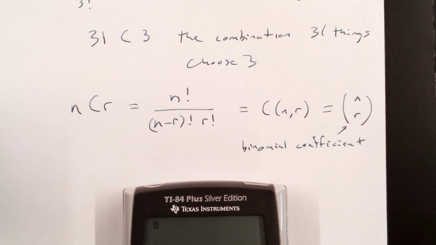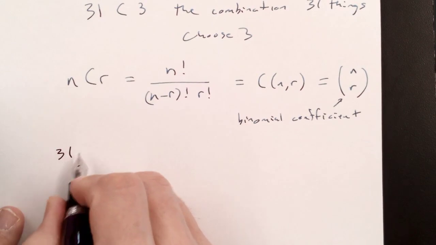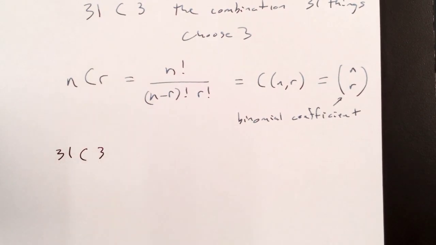Now I can actually cheat, because if I want to do 31C3, 31 factorial is a really big number, isn't it?